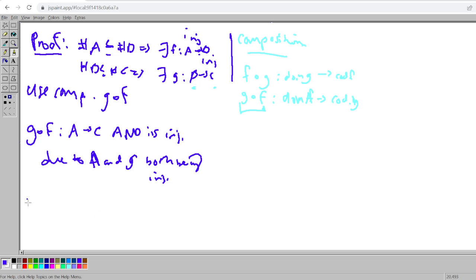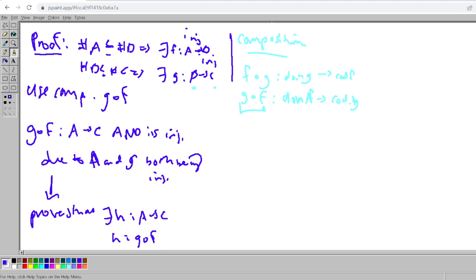Basically, we have shown that there does exist, and that it proves that there exists an H from A to C, where H is equal to G of F.